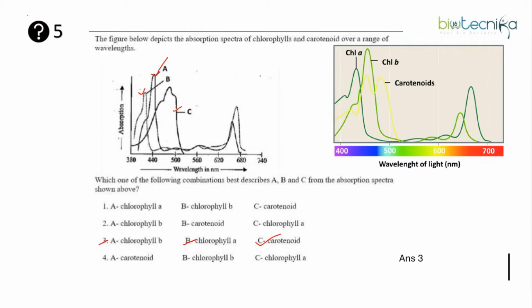Okay, peak C is representing carotenoids. So these are the different kinds of questions which come from your photosynthesis as well as your respiration.